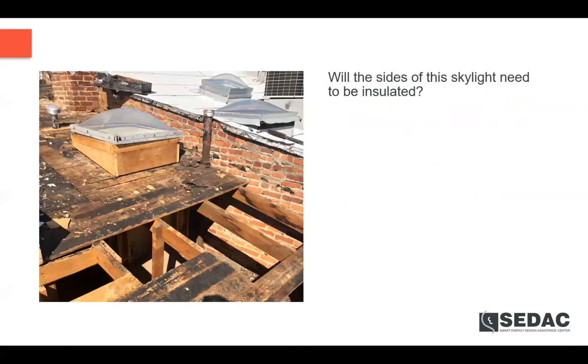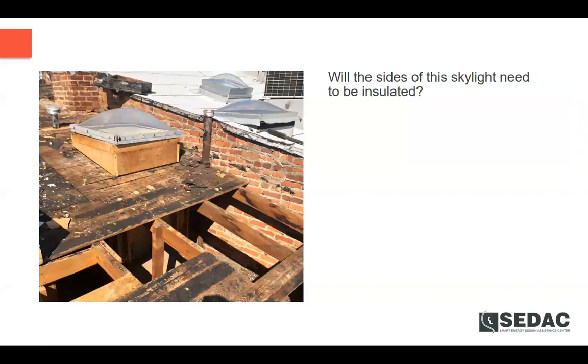Here's a good one where real life hits the road. We've peeled up the roof. We know that the roof will need to be insulated. Question becomes the skylight. Will you have to?